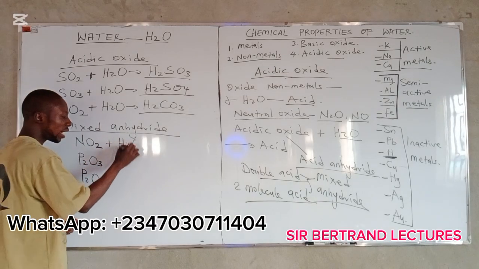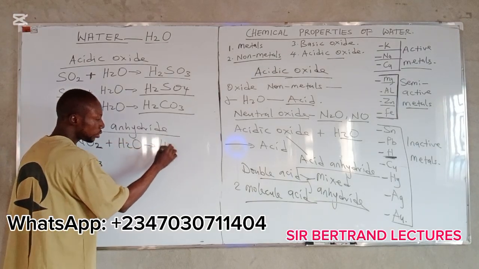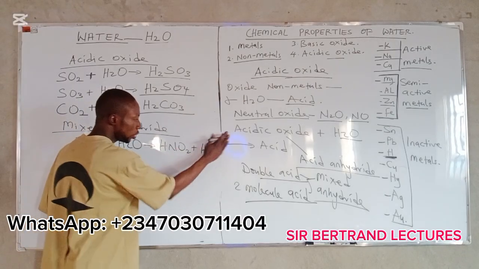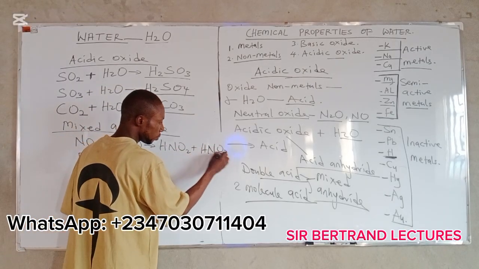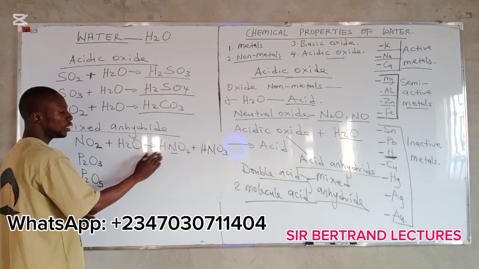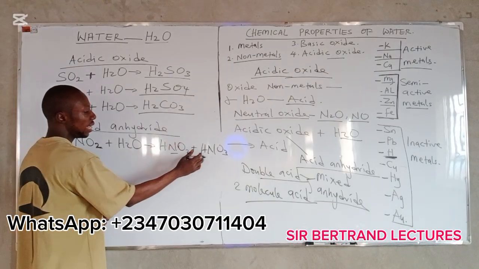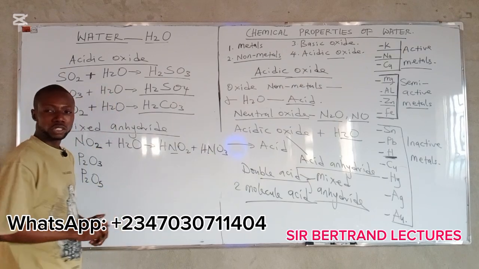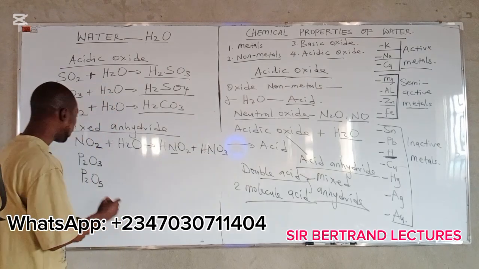When this reacts with water, it's going to give us dioxonitrate(III) acid, hydrogen dioxonitrate(III) acid, and trioxonitrate(V) acid, which is also known as hydrogen trioxonitrate(V) acid.